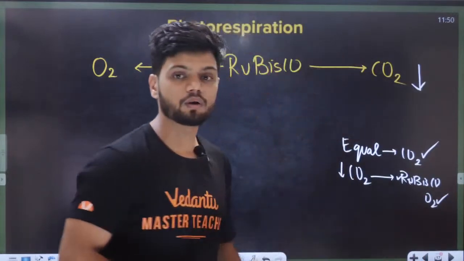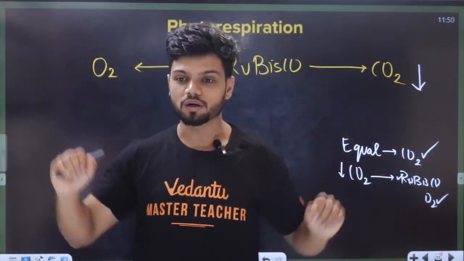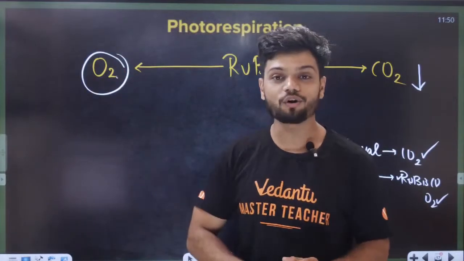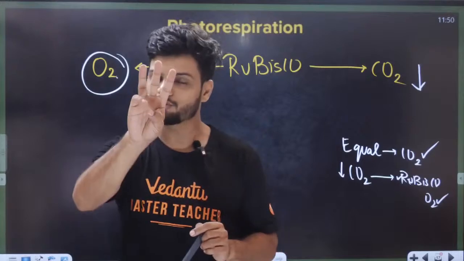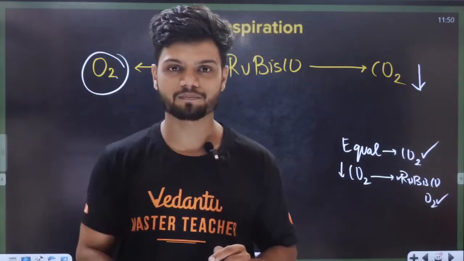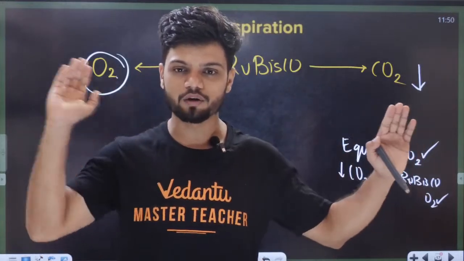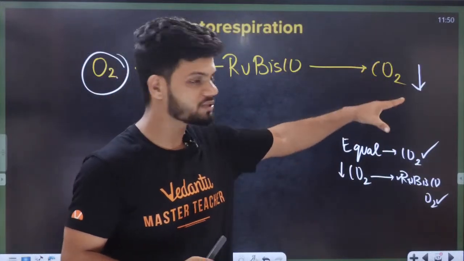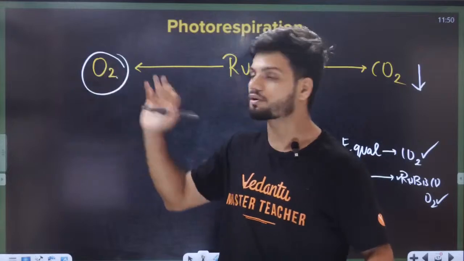Now, what if in the atmosphere there is more oxygen? See, there are three scenarios. When CO2 and oxygen are equal, I will always go with CO2. But as soon as CO2 is decreasing, I will leave CO2 and go with oxygen.